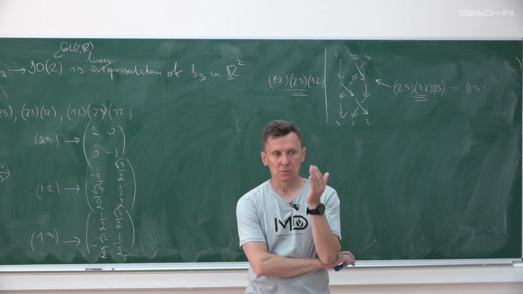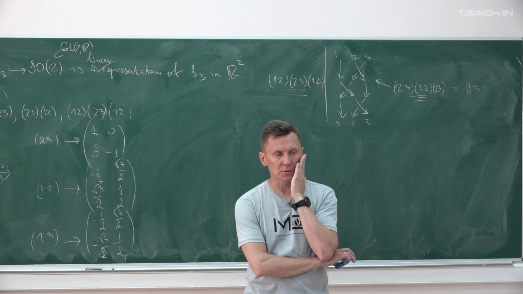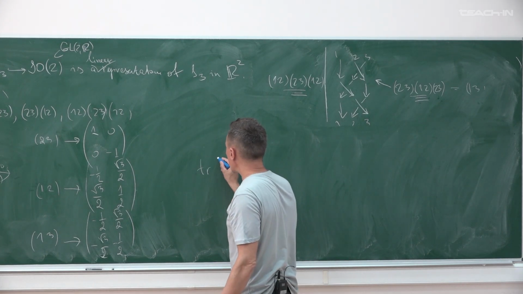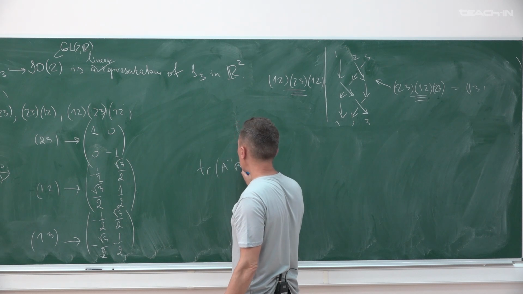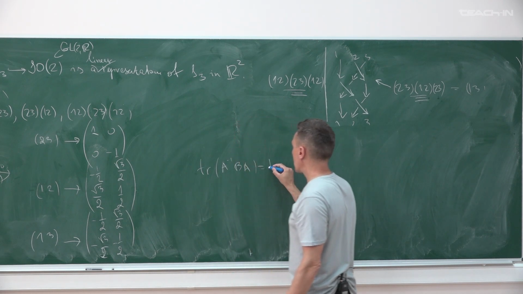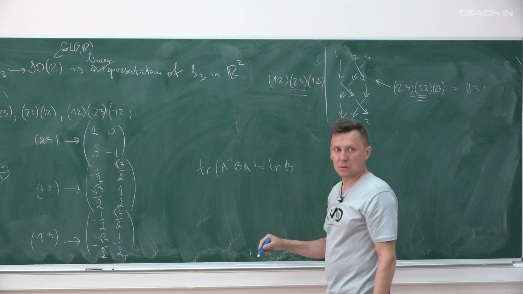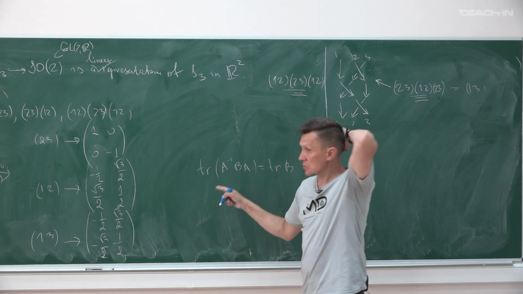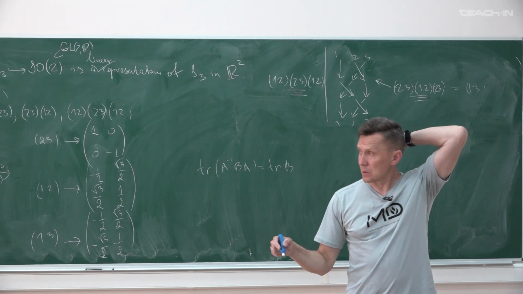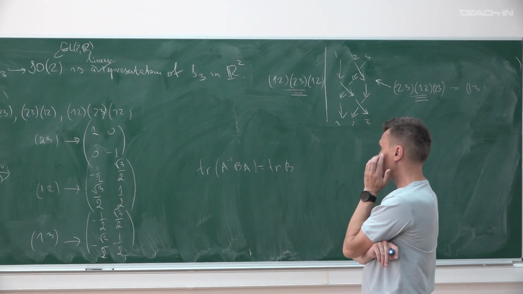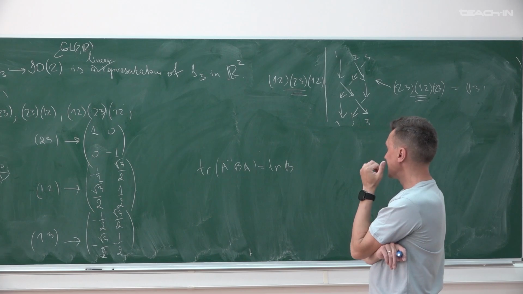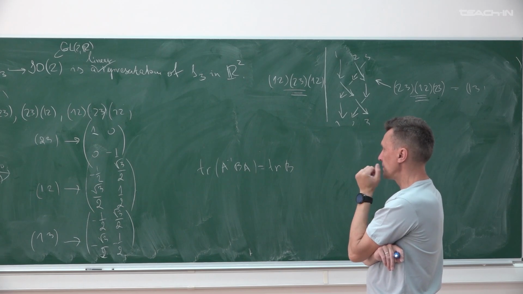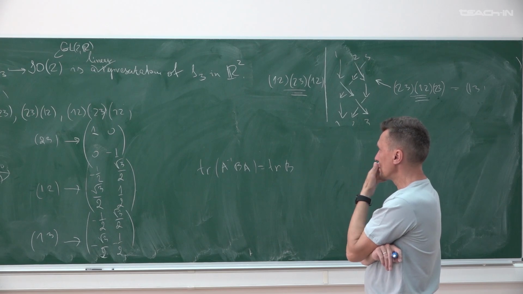You know, the trace of a product is not. No. You see that the trace of A minus 1 B A is equal to the trace of B. But here A is not. No, I'm saying in the first two matrices the trace is 0, but in the last matrix the trace is minus 1.